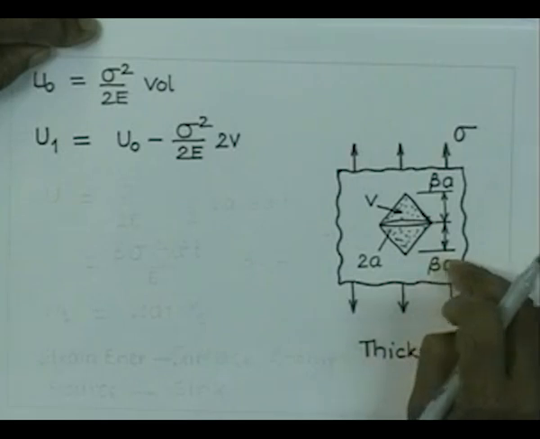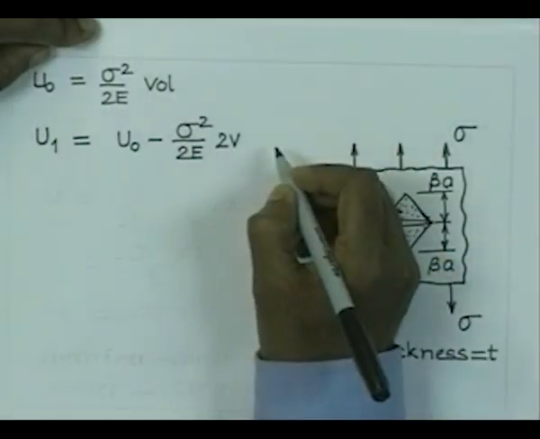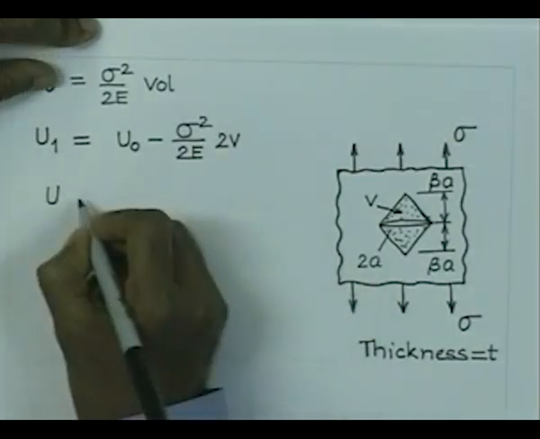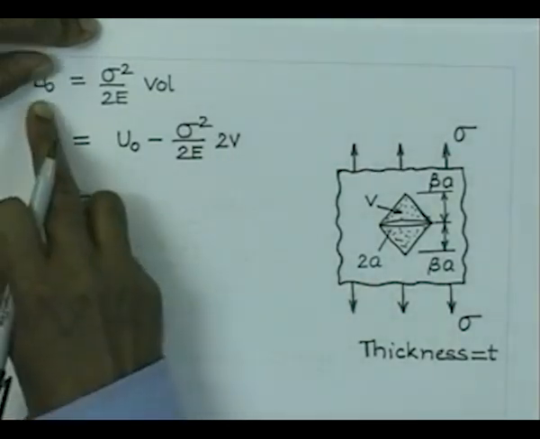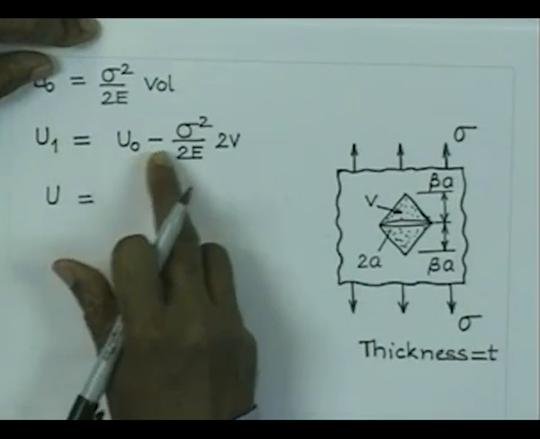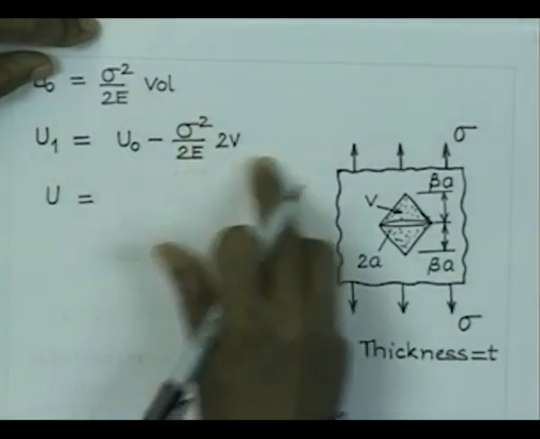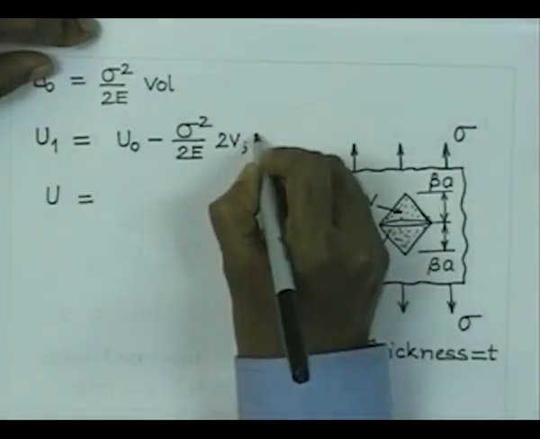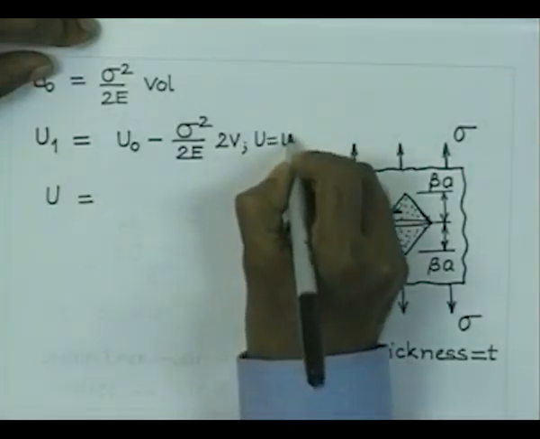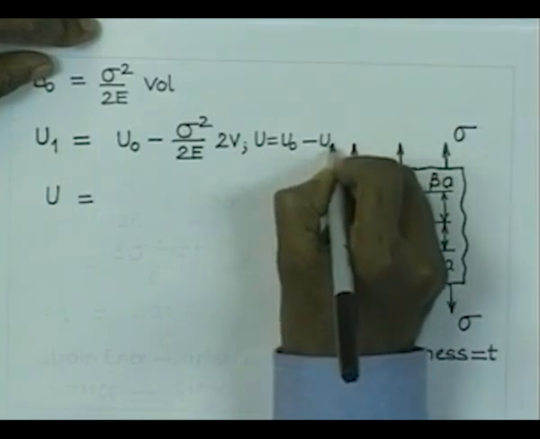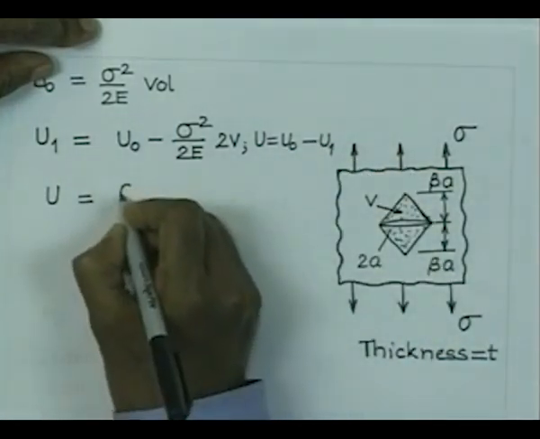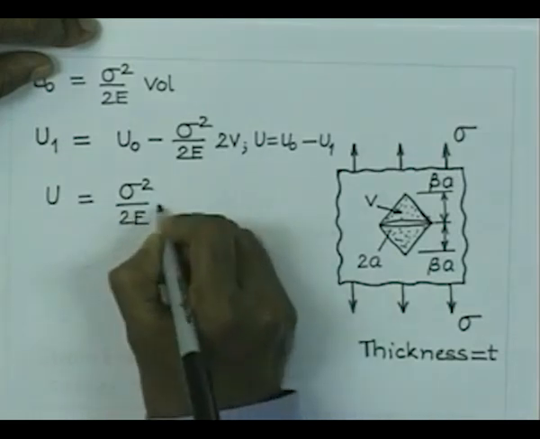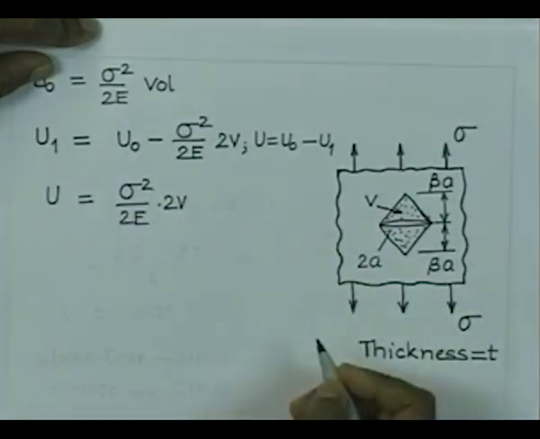Therefore, that reduction in strain energy, if we represent it by U, is going to be nothing but U0 minus U1, and therefore it is sigma square by 2E multiplied by 2 times the volume.